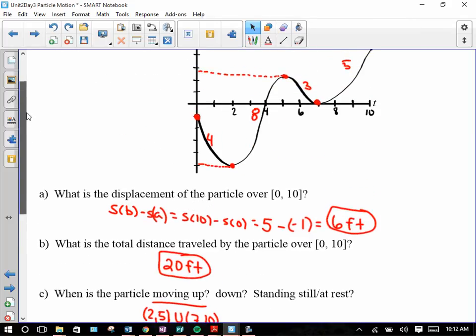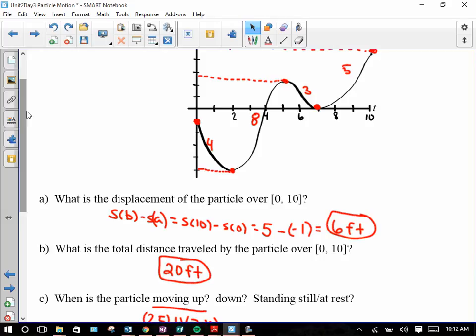So when is this particle moving down? We kind of had 0 to 1. You're looking at the y value.